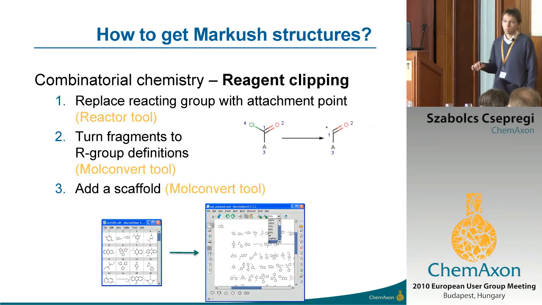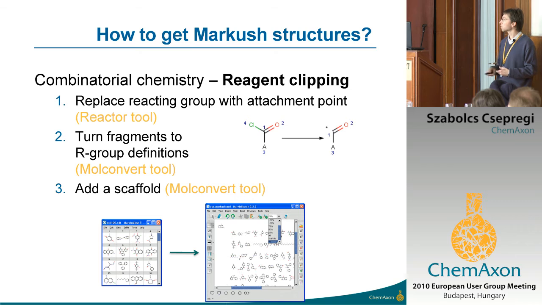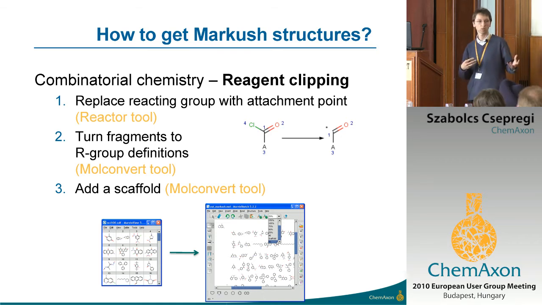Okay. In the domain of combinatorial chemistry, there are other ways to assemble Markush structures as well. Sometimes someone wants to work with a concrete scaffold and has a list of reagents he wants to use to define the R groups.